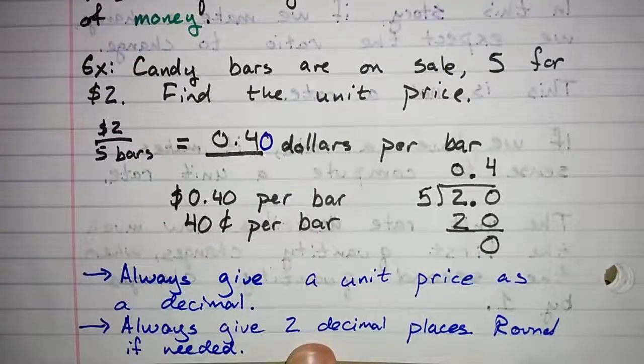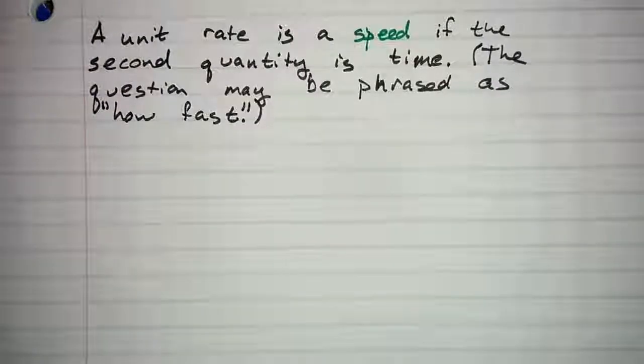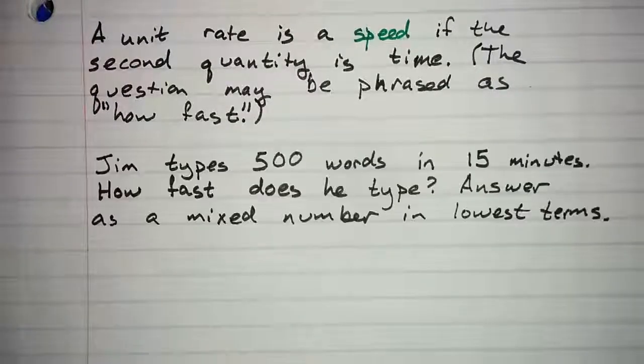A unit rate is a speed if the second quantity is time. The question might say, what is the speed? But it might also just say, how fast? So for example, suppose we're told that Jim types 500 words in 15 minutes, and we want to know how fast he types.